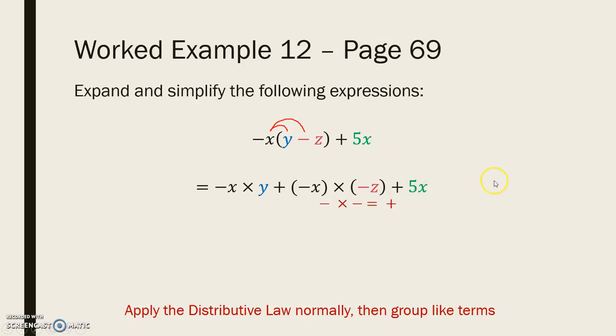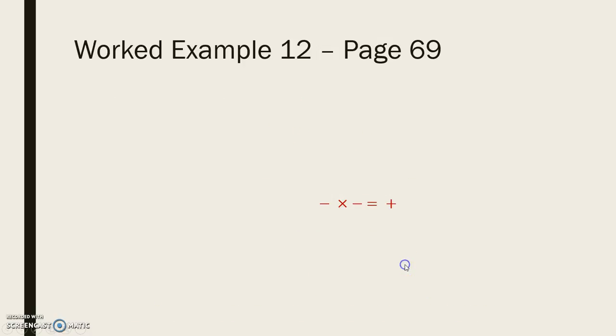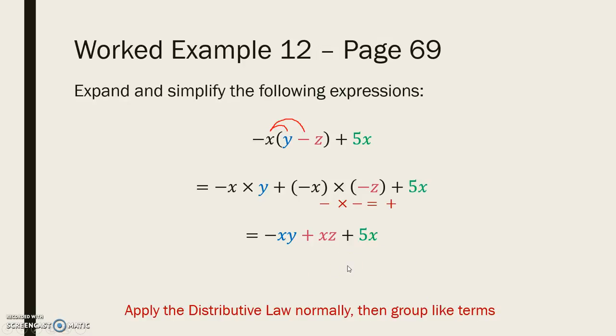And then put our plus 5x at the end. So when we multiply that out, the negative stays there. So negative times a positive is negative. X times y is xy. Plus negative times a negative is positive. So plus positive xz plus 5x on the end. Now in this case, there are no like terms, so that's the final answer. Let's just leave it there and have a look. Final answer.